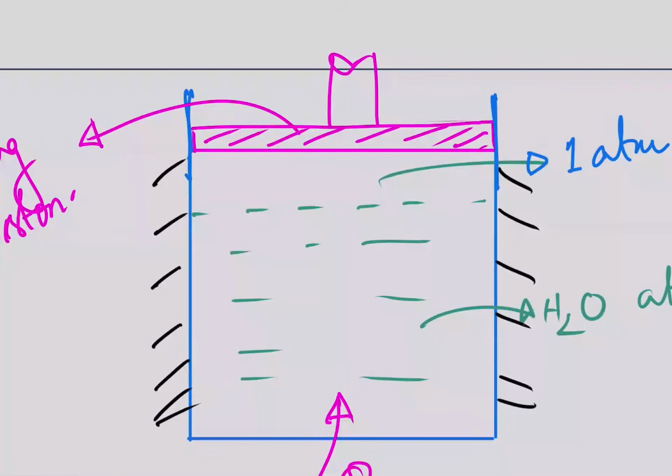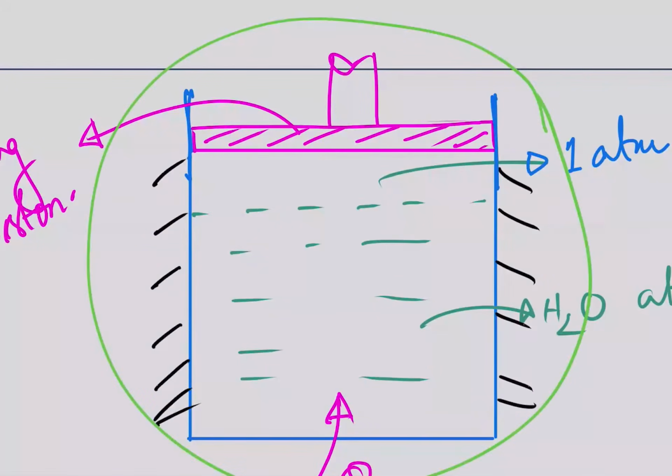Okay, so for this system, if I have friction between the piston and the cylinder wall, can I achieve a quasi-static process?